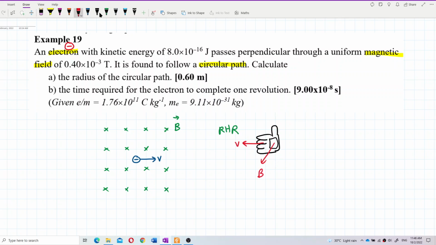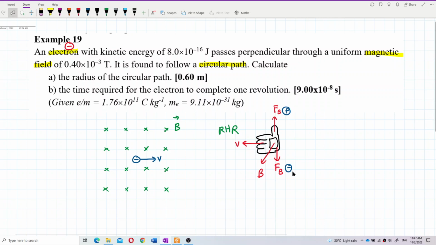This one is a negative charge, so the magnetic force is opposite the thumb. If it is a positive charge, then the magnetic force follows the thumb. Right now it is an electron, so it is opposite the thumb.